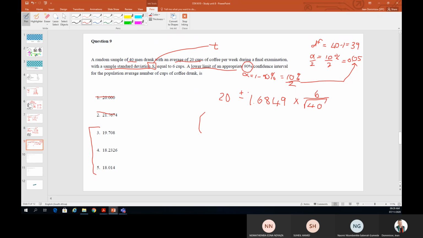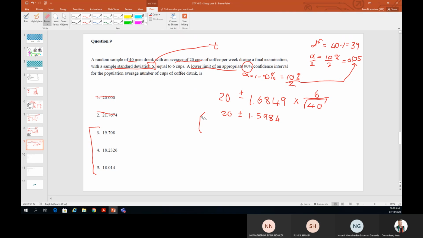Okay, so now this one I need to work out with my calculator. When I divide that by that, I get 0.9487. Sure, I hope this is right. Times 1.6849. So I get it as 20 plus minus 1.5984.